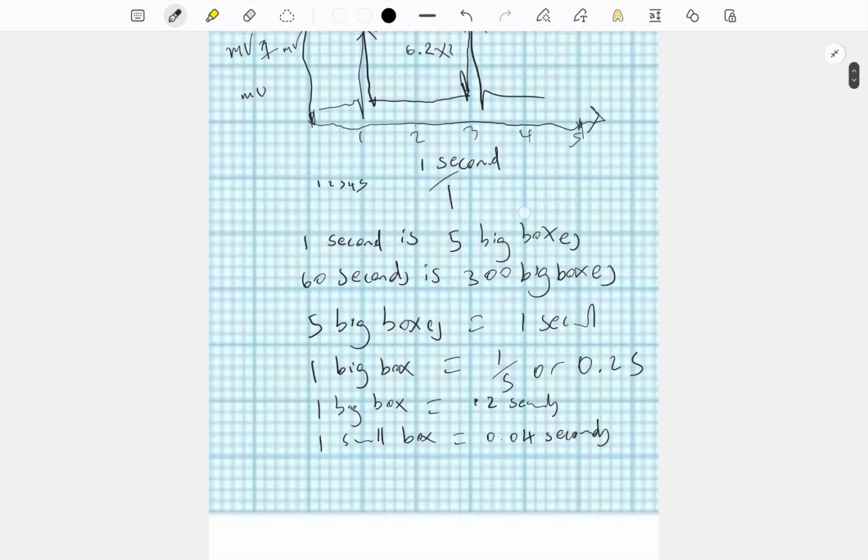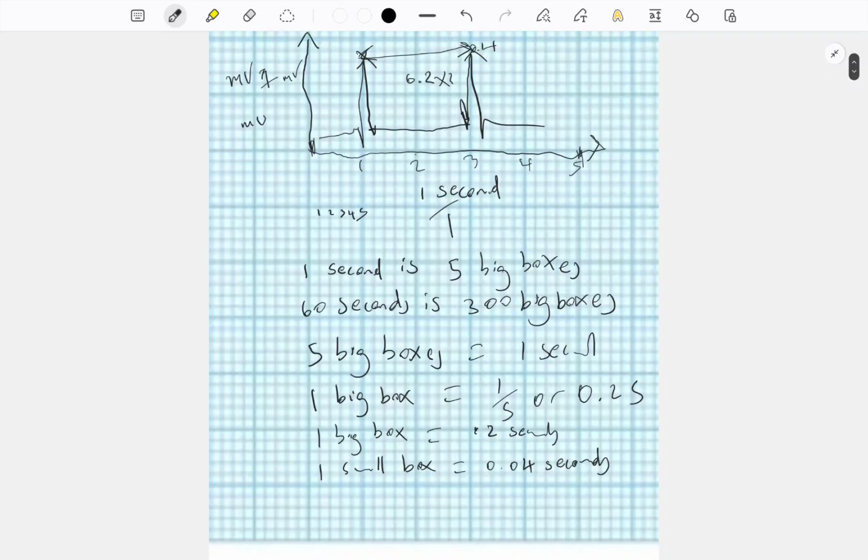So if we wanted to calculate the heart rate, what we will be trying to say is how many of these QRS complexes would we have in 60 seconds, which is the same thing as saying how many boxes. There are actually 2 boxes between each one.